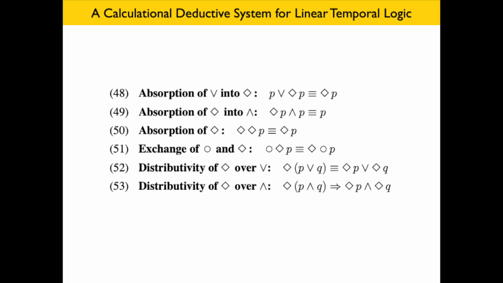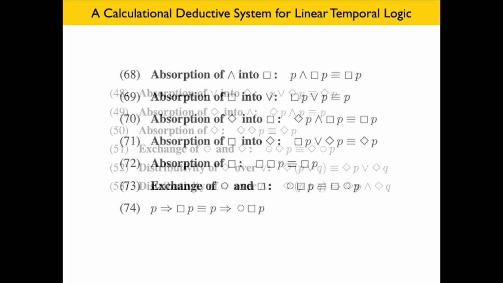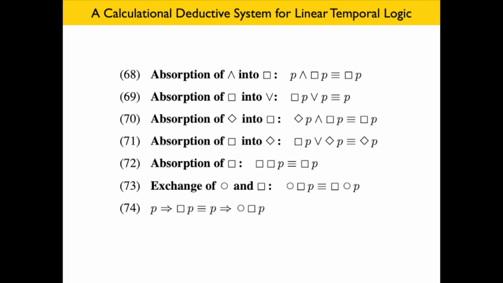It's the same thing as eventually P. And similarly, recall theorem number 72, absorption of always. What this says is that if you have always P and you stick an always in front of it, it just becomes always P. That always goes away.